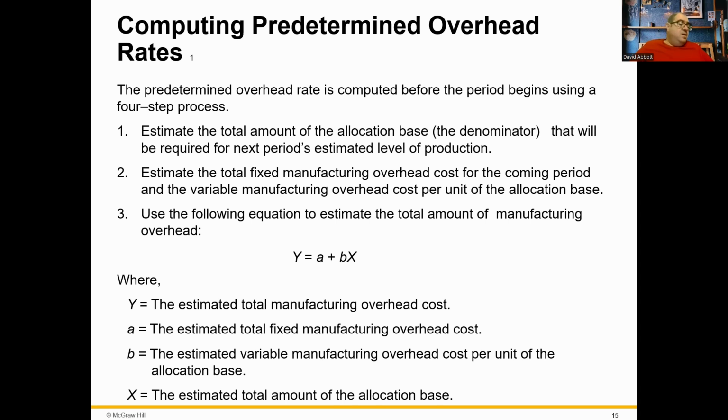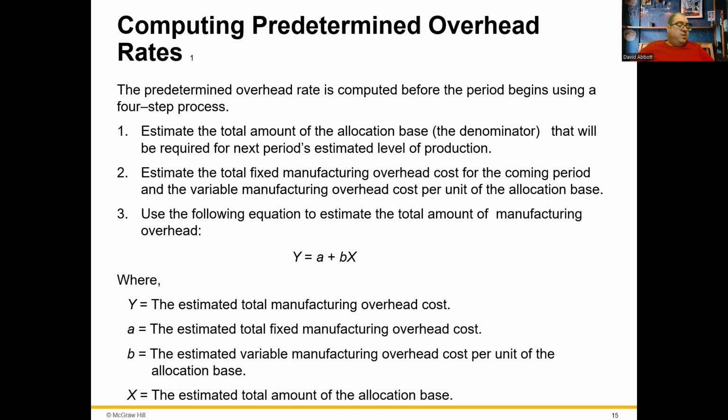The next step is to estimate the total fixed manufacturing overhead cost for the coming period and the variable manufacturing overhead per unit. So you take how many units you're going to produce, and then figure out the fixed cost, which could be salary, possibly rent for your facility, and so on and so forth.